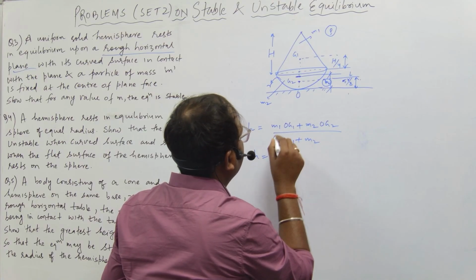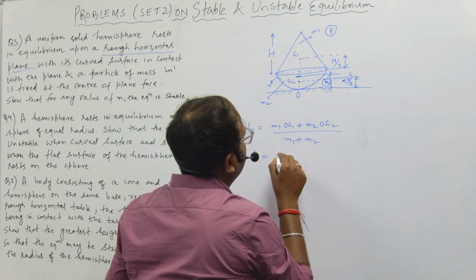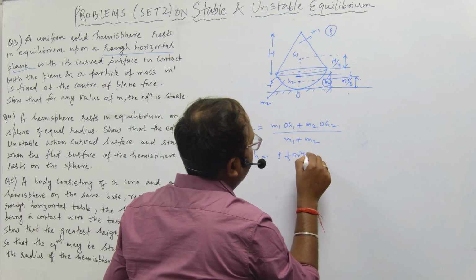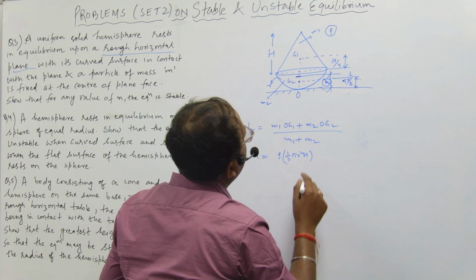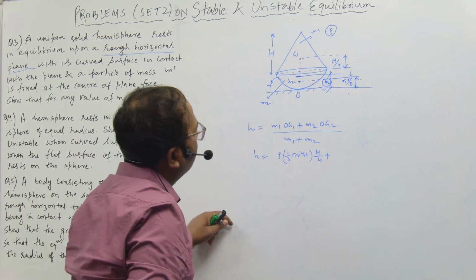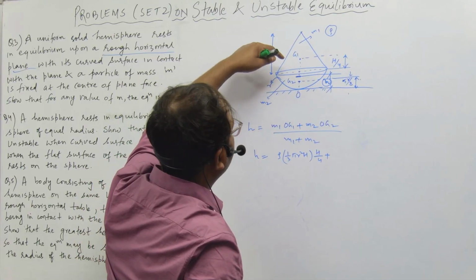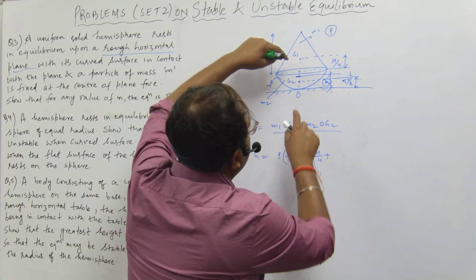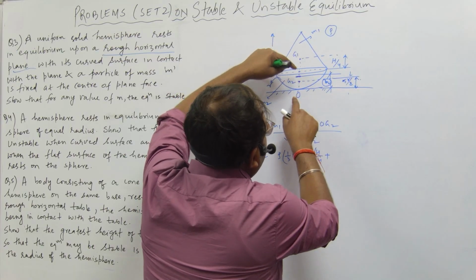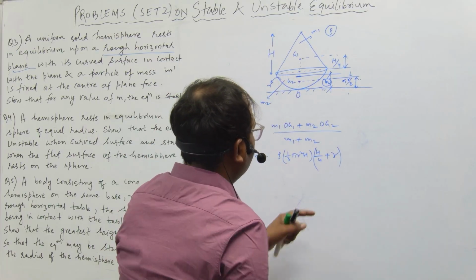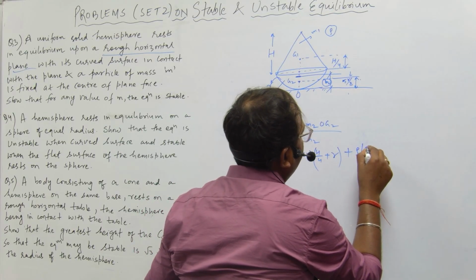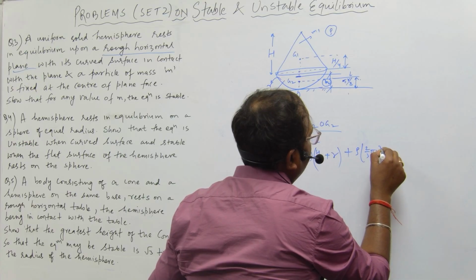h is equal to, the value of m1 is density times 1 by 3 pi r square into height capital H, into OG1. OG1 will be this distance, H upon 4 plus this radius r. Plus m2. The value of m2 will be density times 2 by 3 pi r cube.